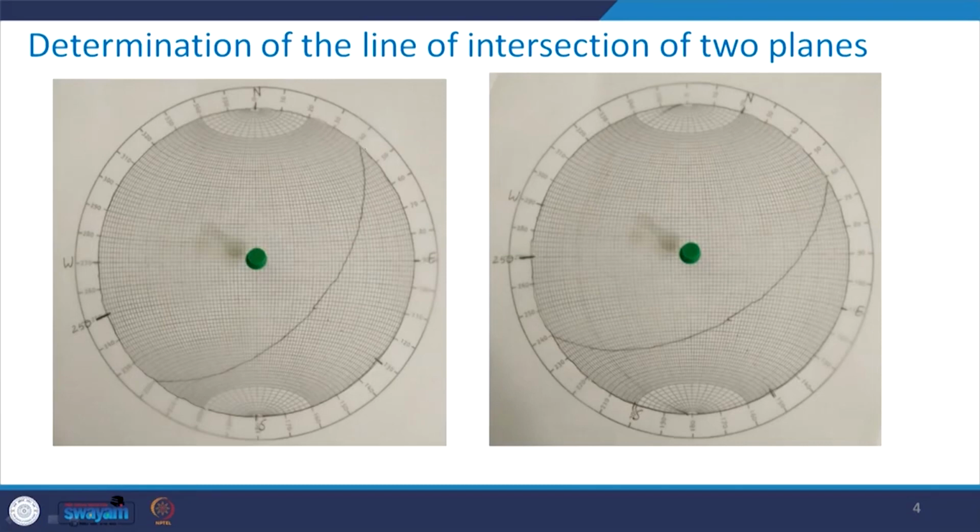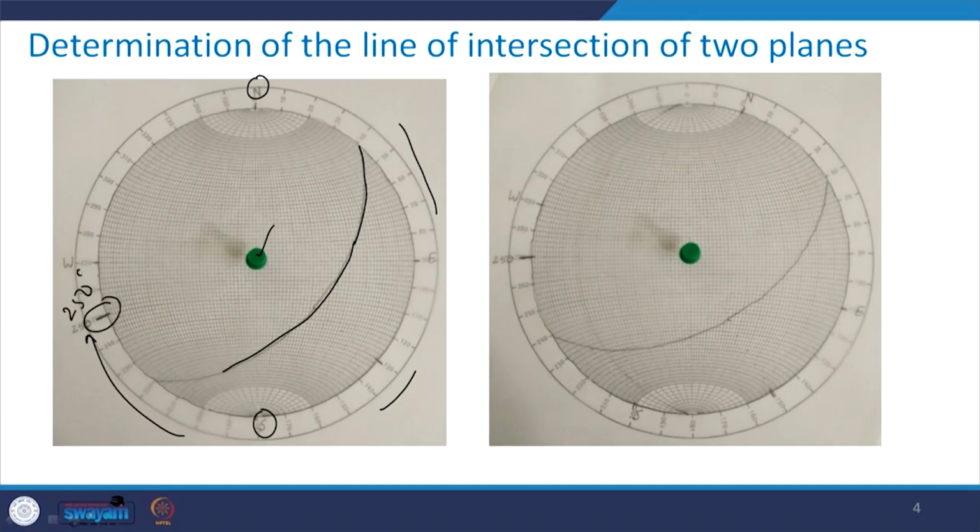This is the one plane which we have already seen in the previous class how to draw. Now see, north is coinciding with 0 here and it is in the original position, pinned at the center. From here in the clockwise direction I come and mark a point at 250 degree, the dip direction of the other plane.